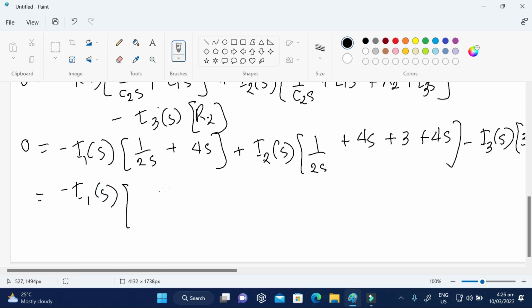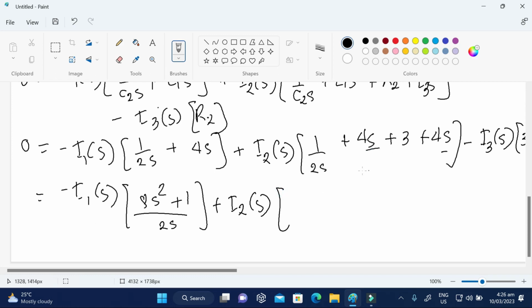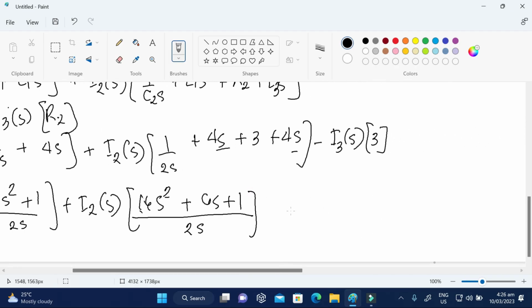Okay, magiging 8s squared plus 1 over 2s plus ito ay 2s. Okay, so ito tsaka ito ay 8s. Okay, magiging 16s squared plus 6s plus 1 over 2s. Okay, minus I2 is 3 times 3.